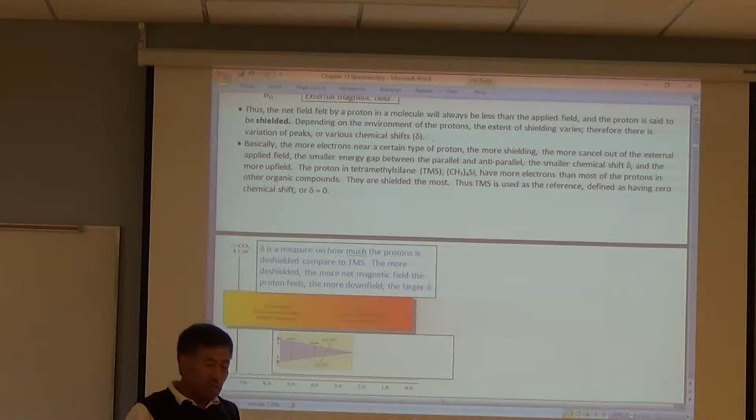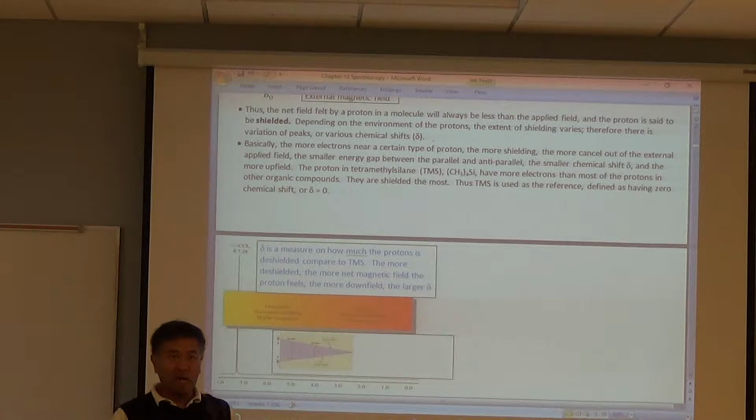So that depends on the electronegativity. Carbon is more electronegative than silicon. So people use silicon in the middle bonded to four methyl groups, and that is the most shielded. You could try to get something even less electronegative than silicon, then you get more shielding.